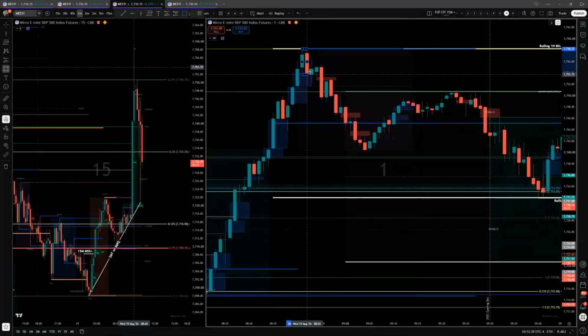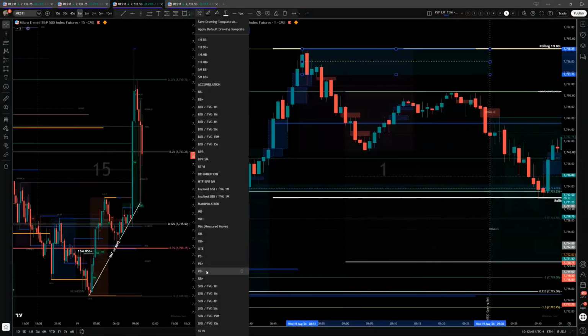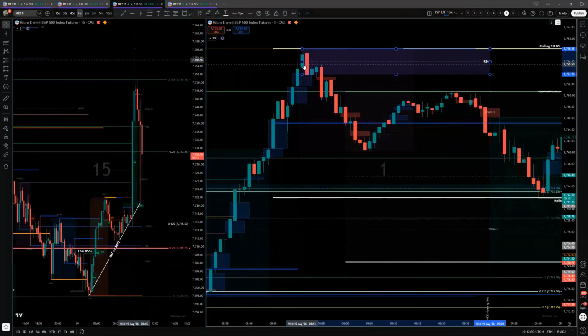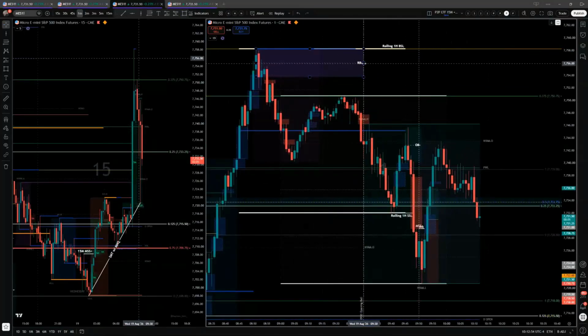I would use the whole bar down to the close. So that would be your 1 hour, or your rolling 1 hour liquidity window rejection block, a bearish rejection block at the highs, right?